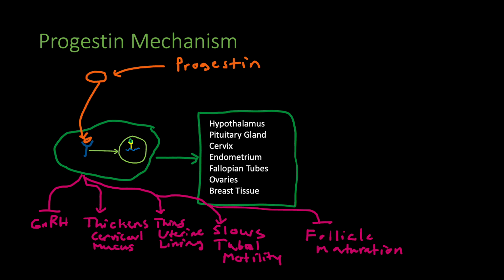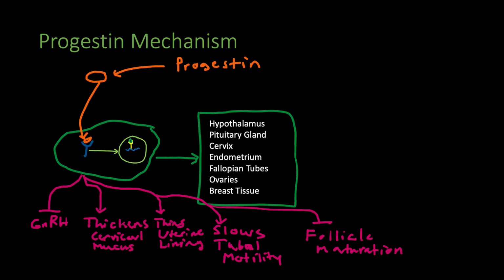And that's going to cause all these other effects here, like the GnRH and the thickening of the cervical mucus, thinning the uterine lining, tubule motility is slowed, and the follicle maturation.